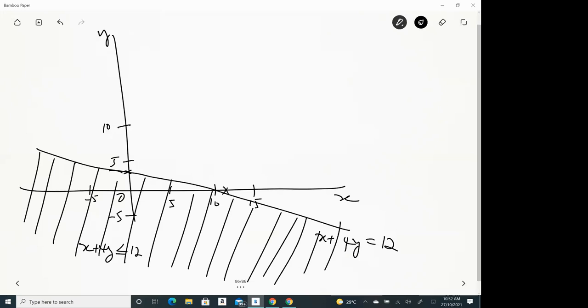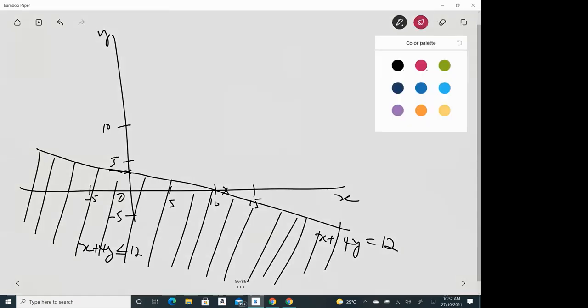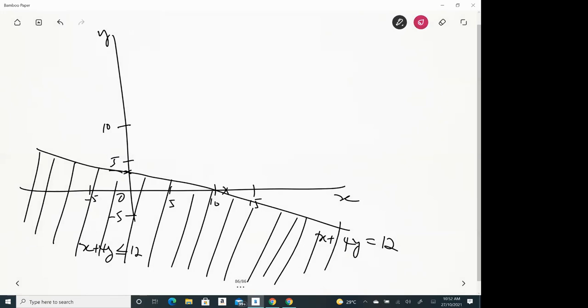Now for the second one, you have y less or equal to 2. So 2 will be somewhere here. Y equal to 2 is the horizontal line.